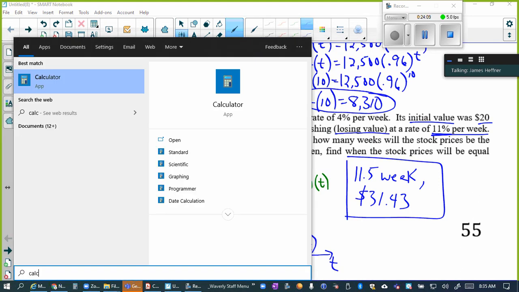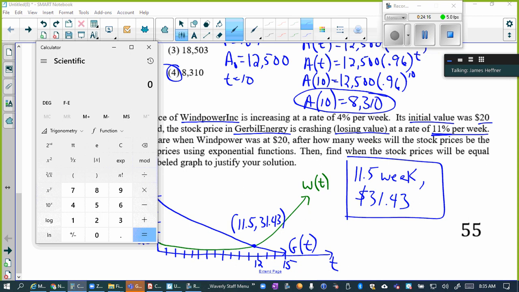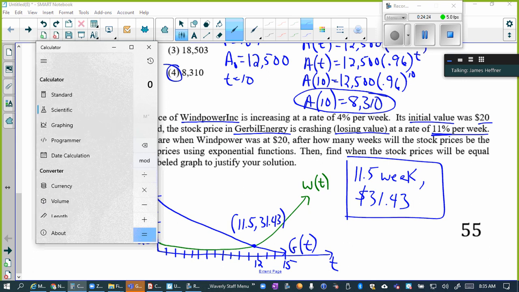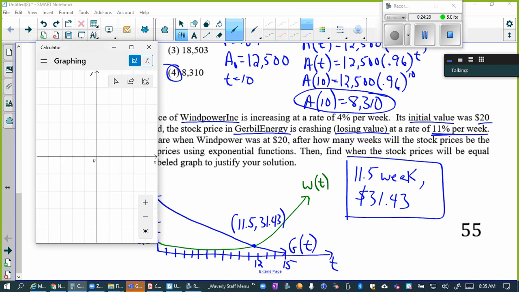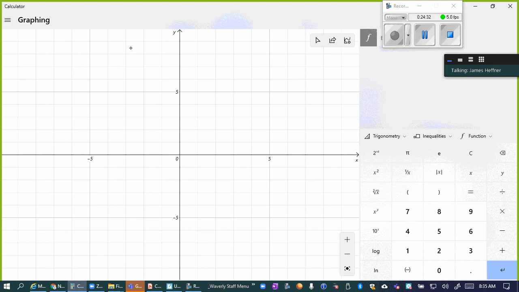You might want to right-click it and pin it to your start menu. So here's the Windows calculator. Mine says scientific. If I click these three bars, you see there's an option for graphing, right? And I want to make it big, so I'm going to hit that enlarge button.